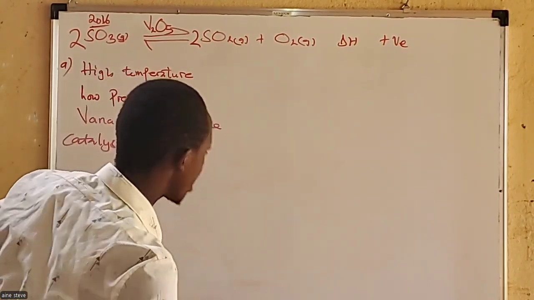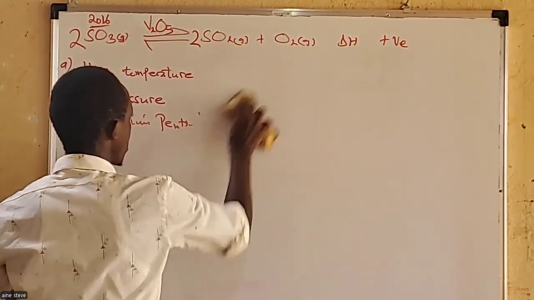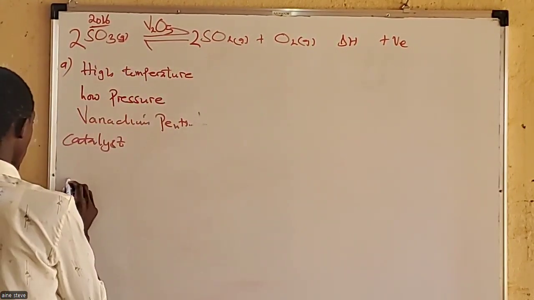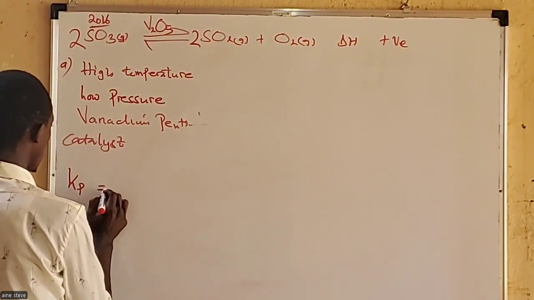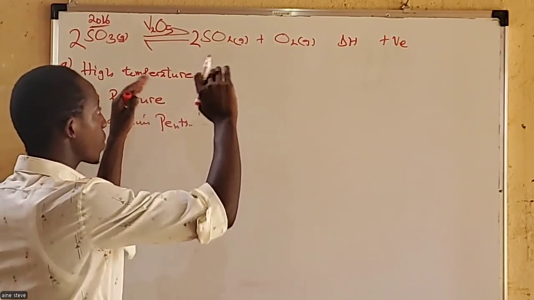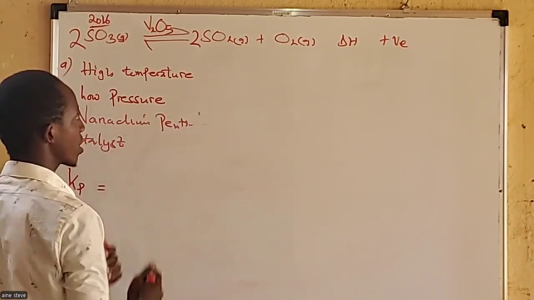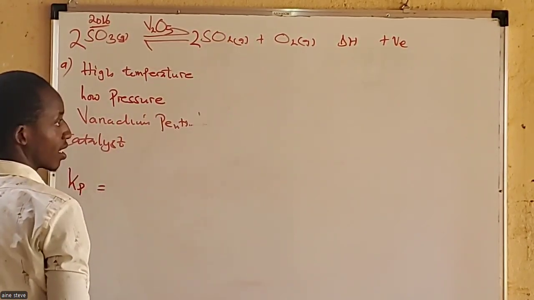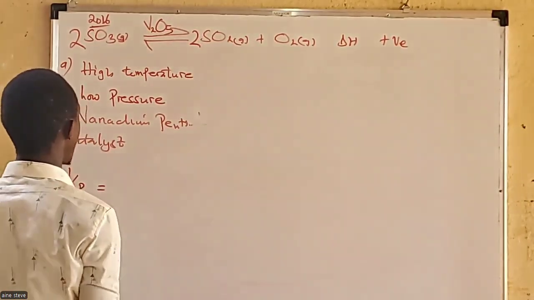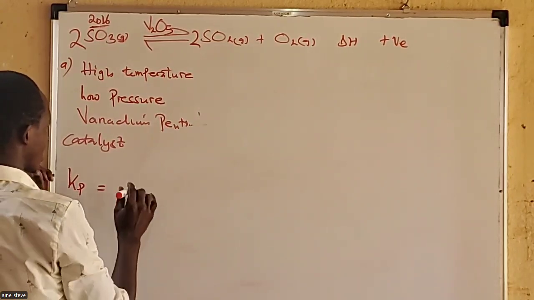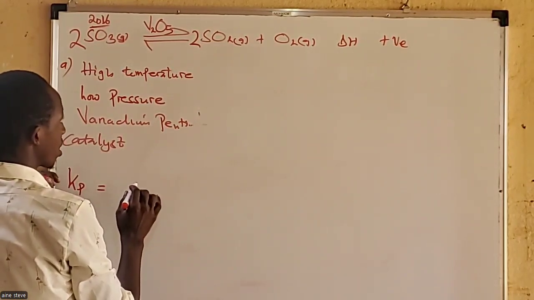So if you are writing the equilibrium constant Kp, you say Kp is in terms of partial pressures. So it is the product of the partial pressures of the products divided by the partial pressures of the reactants raised to their stoichiometric powers.